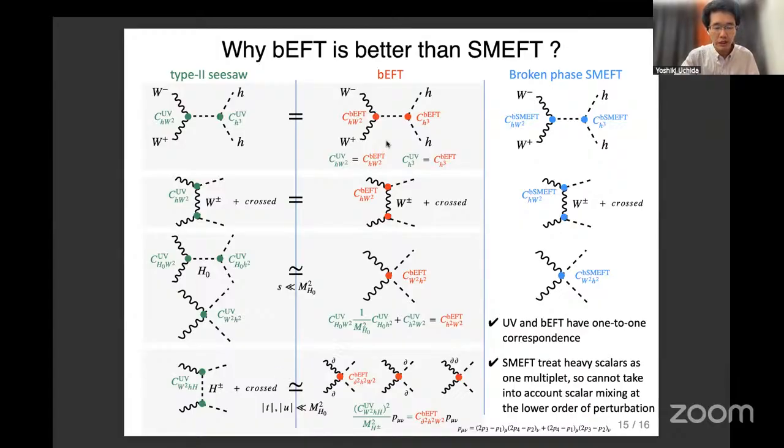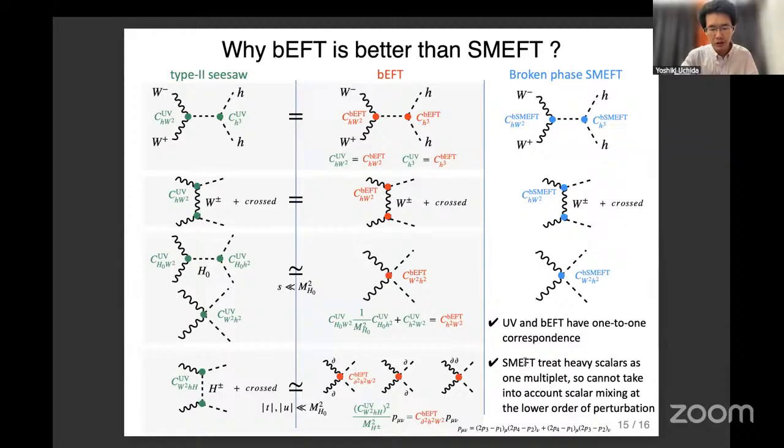And in the broken phase effective field theory, there's always a corresponding diagram. So this UV diagram is replaced by these three diagrams. So the UV and the BFT have the one-to-one correspondence at the diagram level.